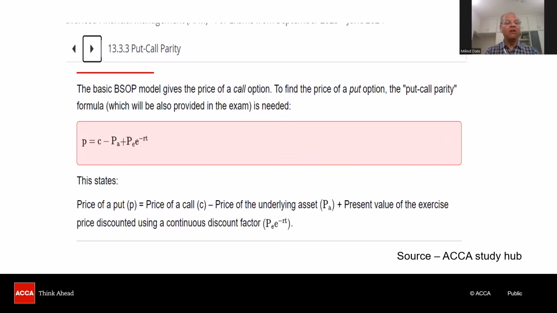Call-put parity, where value of a put is value of a call minus the spot price plus present value of the exercise price. Now, as I said, these formulae are mentioned in the ACCA study hub as well as in the textbooks for making you understand them thoroughly. But in the examination of AFM, a pre-programmed spreadsheet is available.